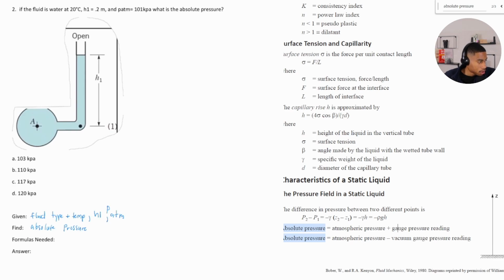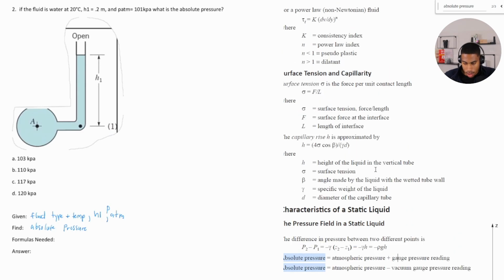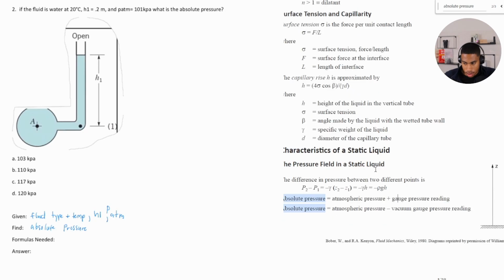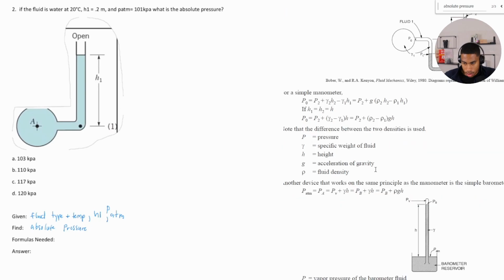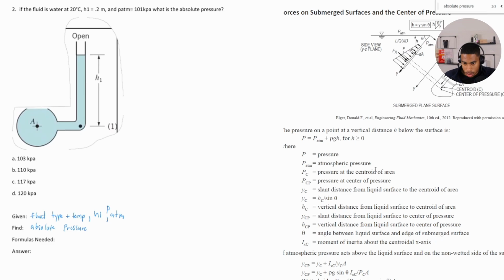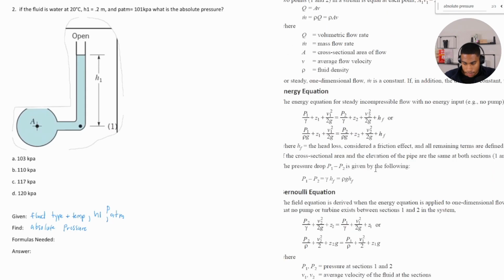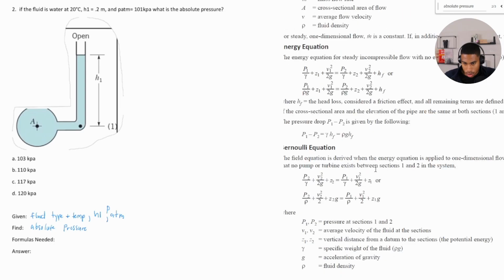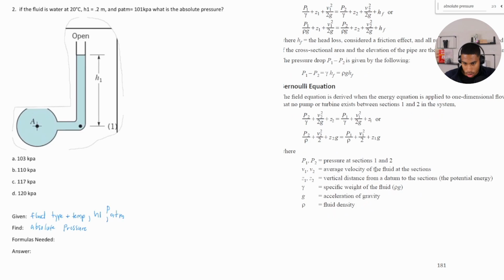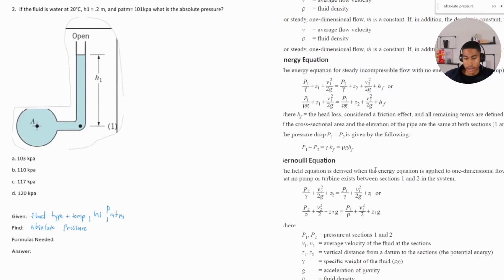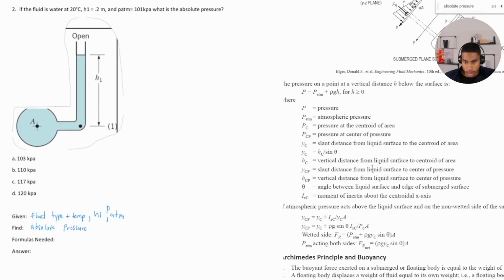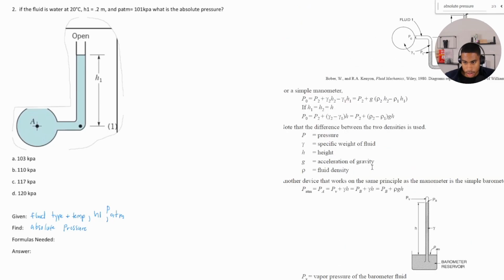Well, first of all, that should be unit weight times H. Should be my unit weight times H. Or it can be the fluid density.